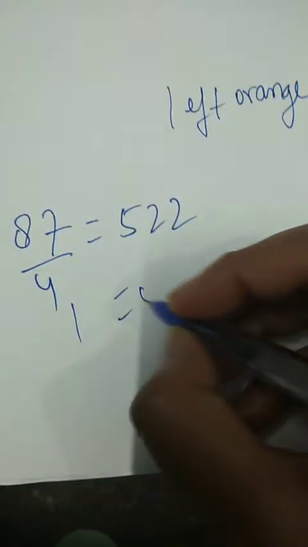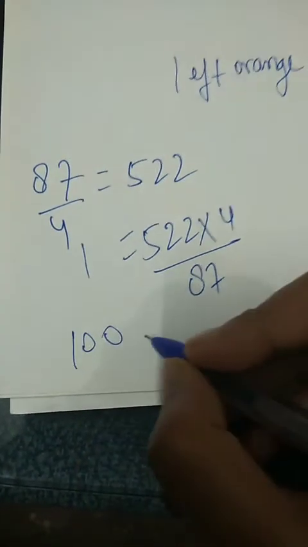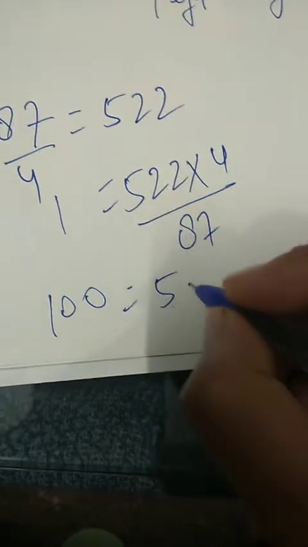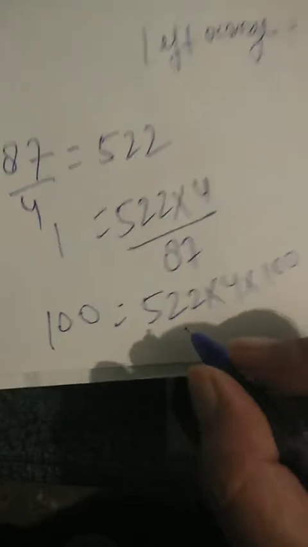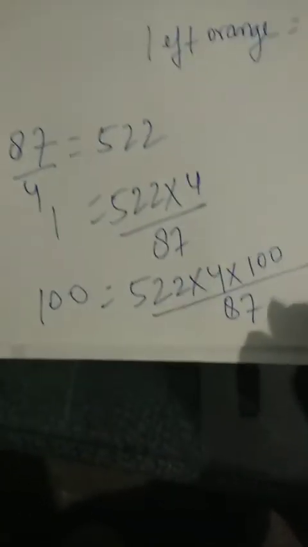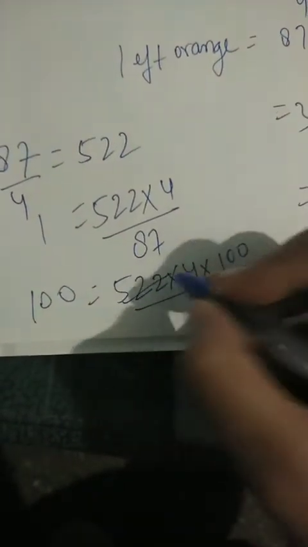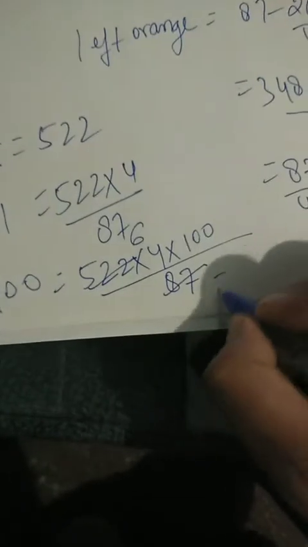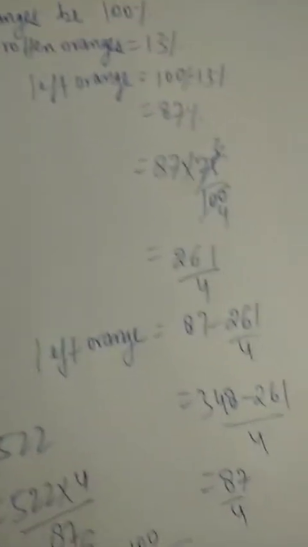Value of 1 will be, value of 100 will be, because you have to find for 100% orange, which will be equal to, this is the way we are going to solve this question.